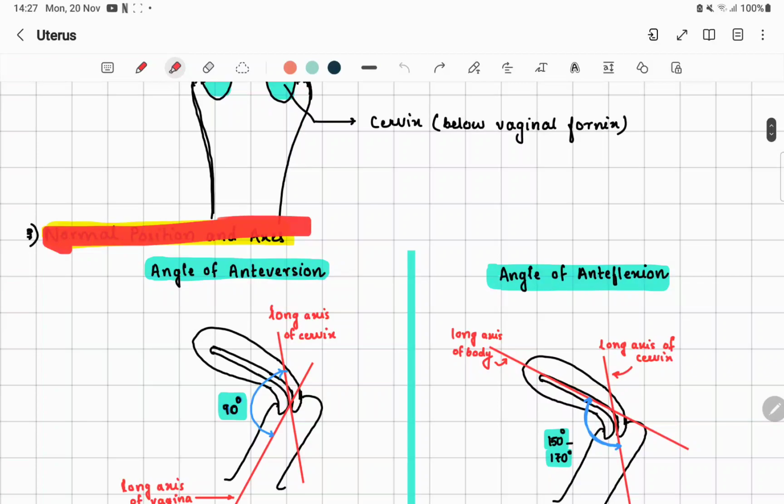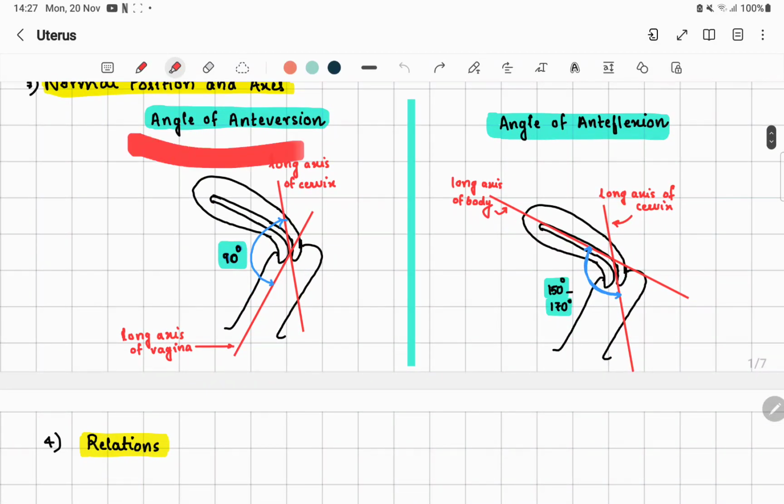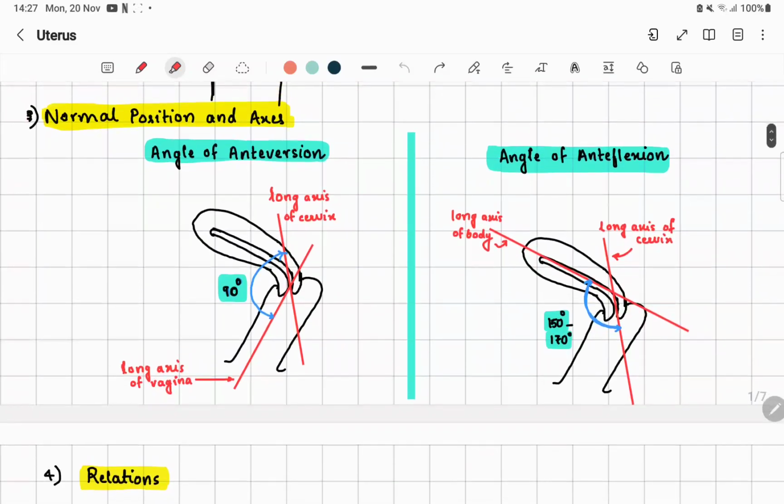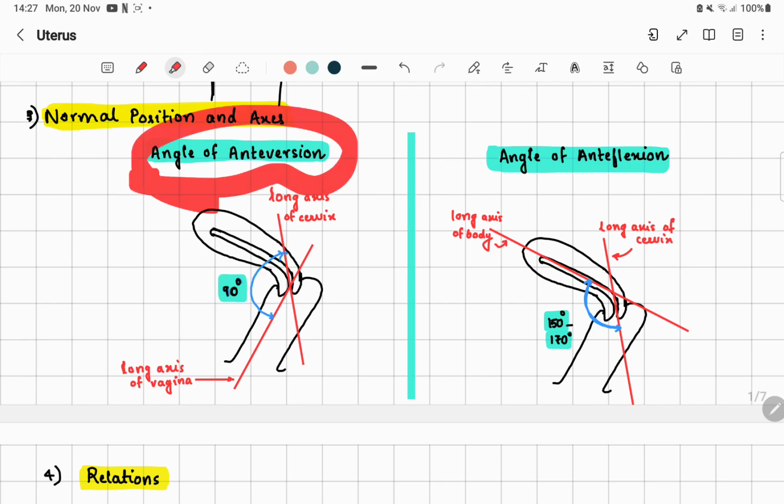The normal position and axis: there is an angle of anteversion and an angle of anteflexion. This is the long axis of the cervix, and this is the long axis of the vagina. The angle between them is normally 90 degrees, which is called the angle of anteversion.